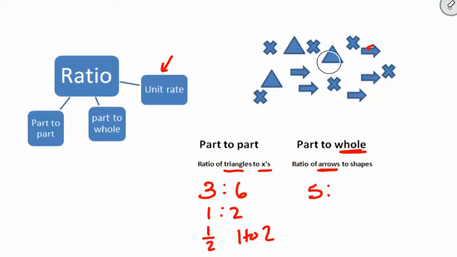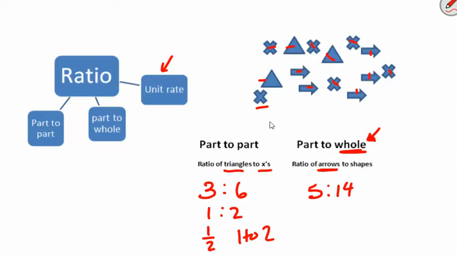Let me erase all that, because the arrows are part of my shapes. 1, 2, 3, 4, 5, 6, 7, 8, 9, 10, 11, 12, 13, 14. Okay, so it is a 5 to 14. Remember, the big deal about the whole is that your initial number here, whatever we're talking about, arrows, is part of your whole. So you have to add that in.